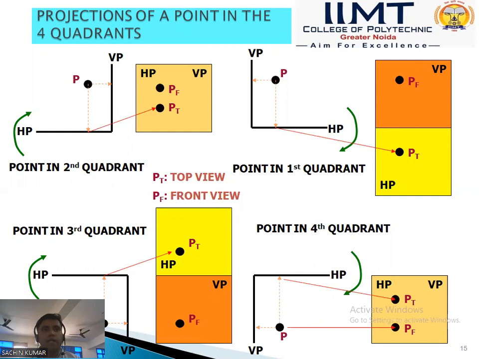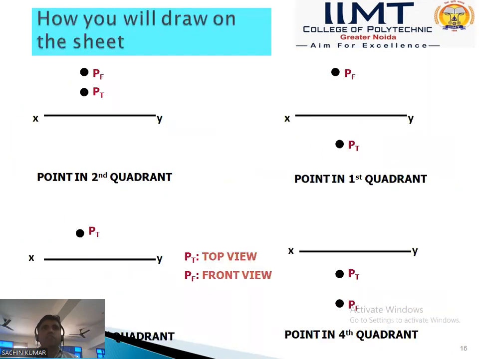As we discussed in the previous slide, in second angle projection and fourth angle projection the chance of overlapping is very high, so we cannot draw the drawing in second angle and fourth angle projection. In the next slide, we will discuss how to draw these lines on the sheet.